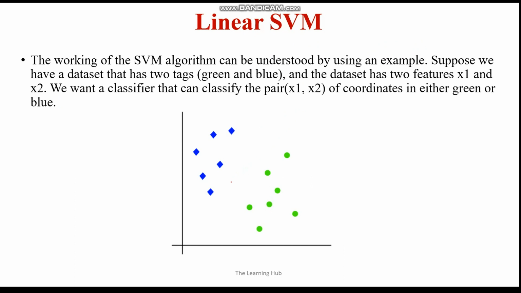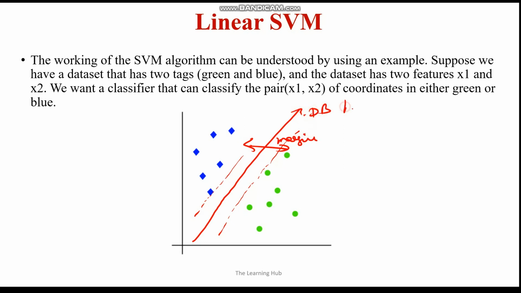So this is the example of linear SVM, in which we can draw one line over here, and here one closest line passing through this, and one line in this direction. So this is the margin, the maximum margin, and this is my decision boundary, and this area is my hyperplane.